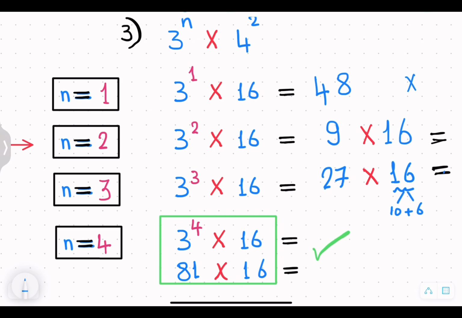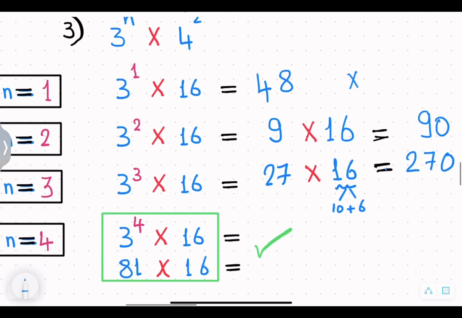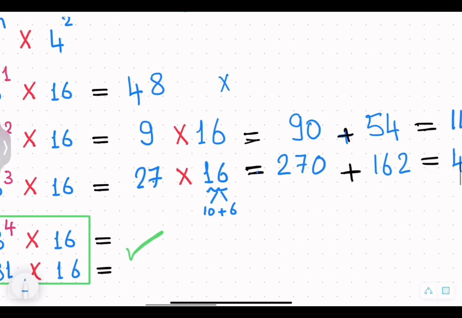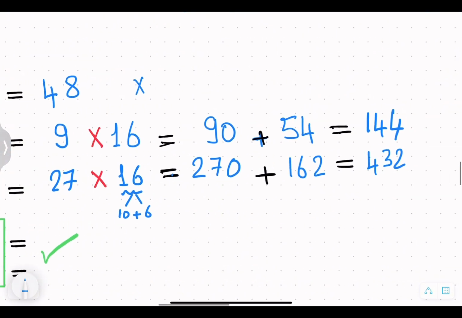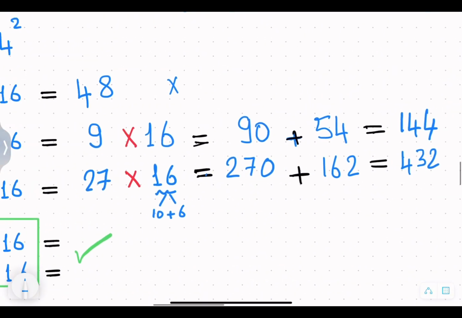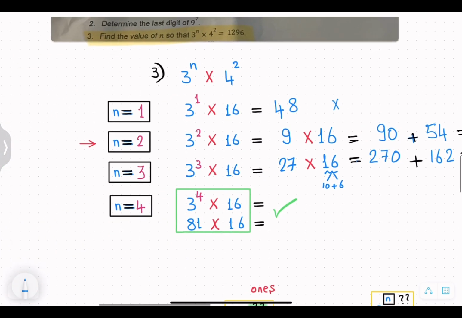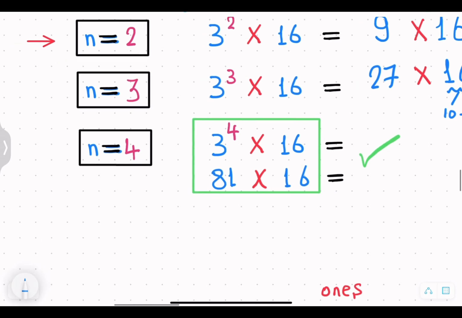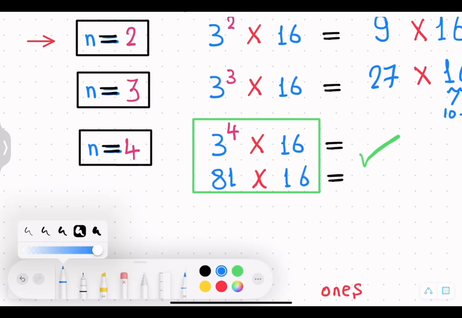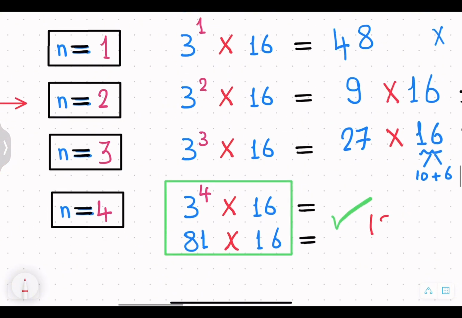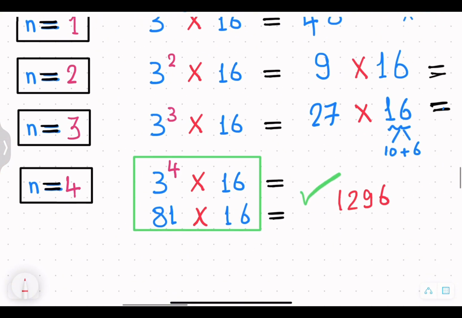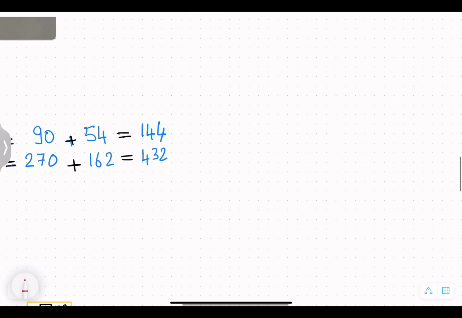So we multiply 27 by 10, which is 270, then 27 by 6, which is 162, and add these two values to get 432. Not yet, our number is much bigger than 432. So let's check n equals 4. Yes, it will be 1296 if we do standard multiplication.